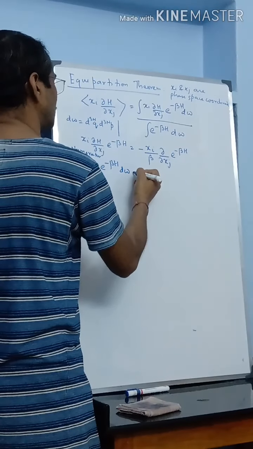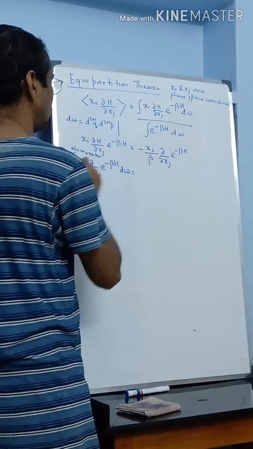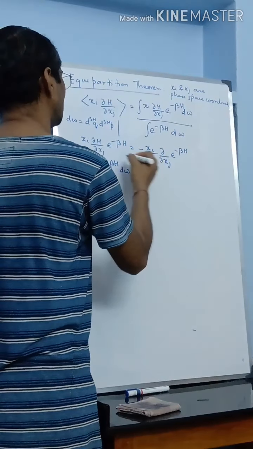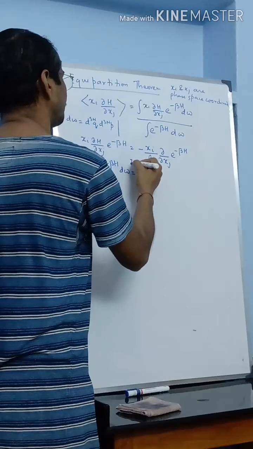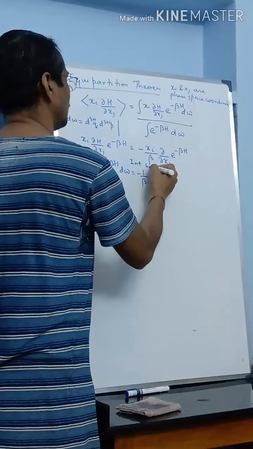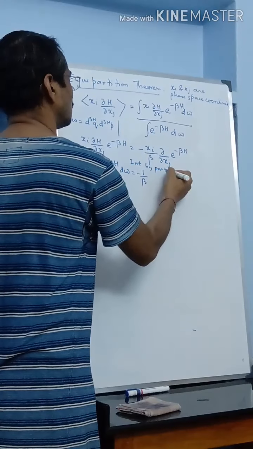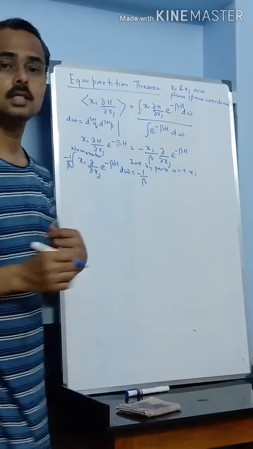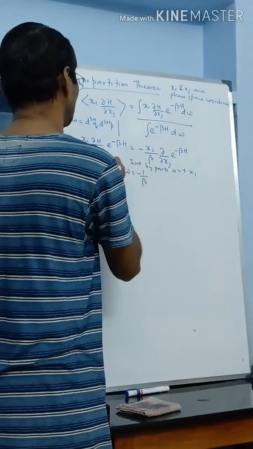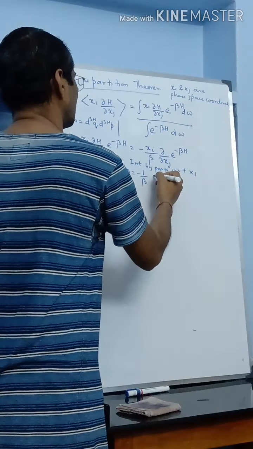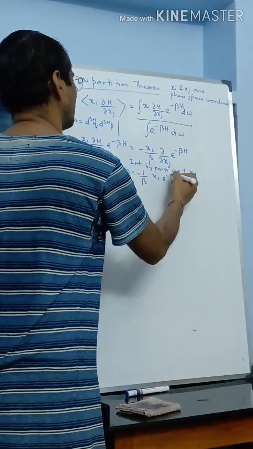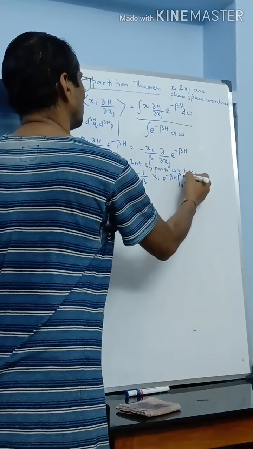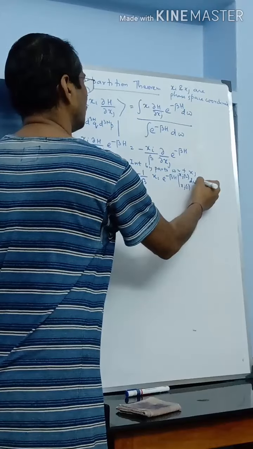So if you want to integrate this by parts, then you can write this as equal to minus 1 by beta. Integrating by parts with respect to xj, because here the variable is xj, we can write minus 1 by beta xi e to the power minus beta H from xj1 to xj2 and d omega j.